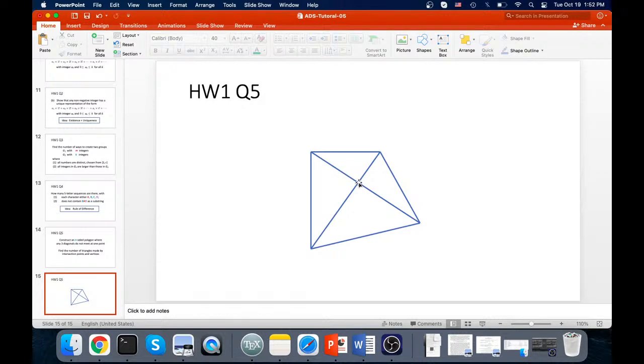So in that case, using the same one-to-one correspondence argument, we will see that the number of triangles of this type, 2 endpoints are original endpoints, and one of them is the interior intersection, is 4 times n choose 4. Is that okay?